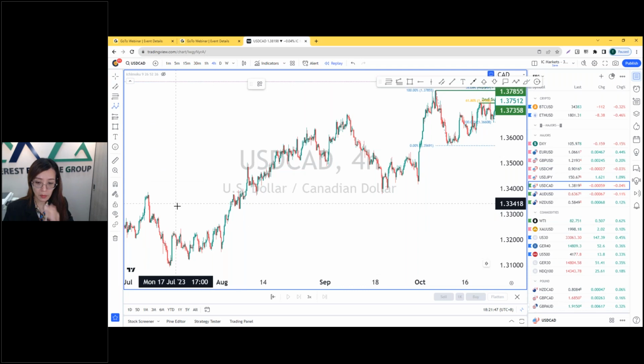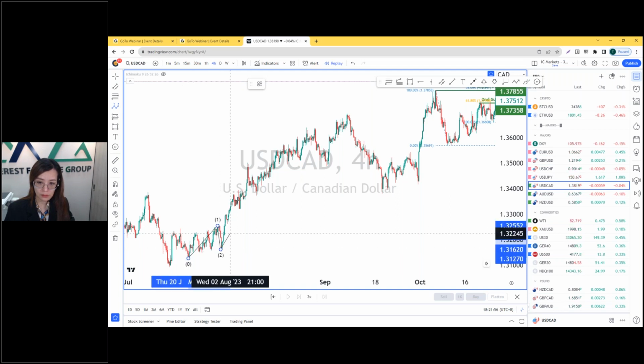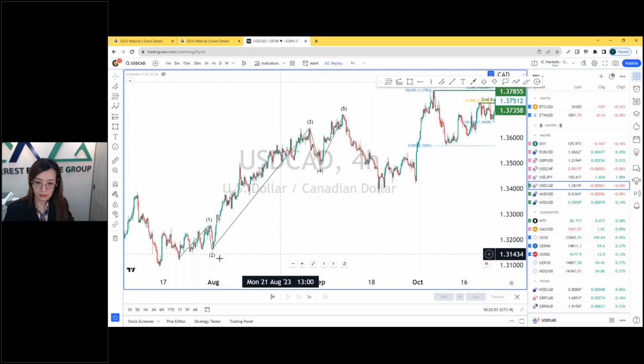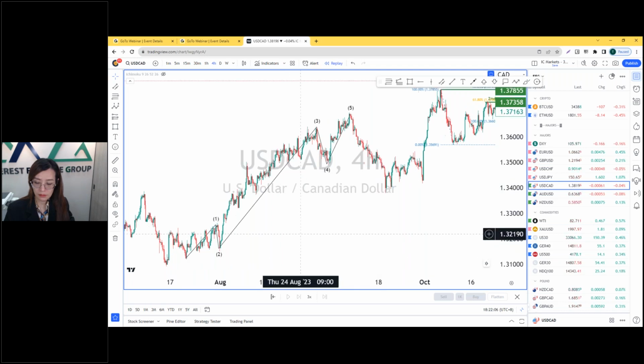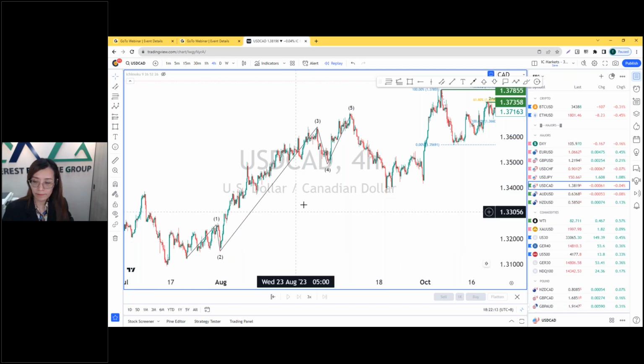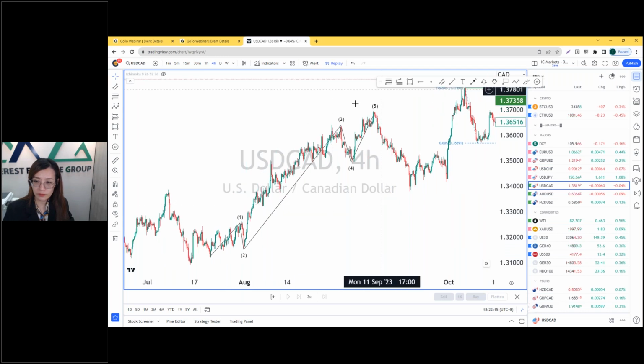For example, this could be like 1, 2, 3, 4, 5. Yeah, the rule is that wave 4 cannot go below this point. And they say, what about wave 3?